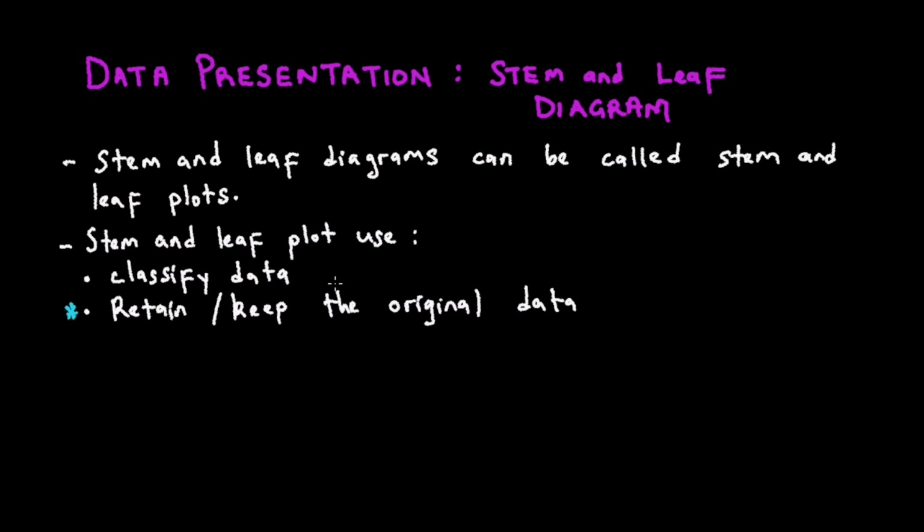Okay. Saka as the term itself entails, we are going to have a stem and a leaf. Saka, we should know that a stem and leaf plot or a diagram is made up of two parts.